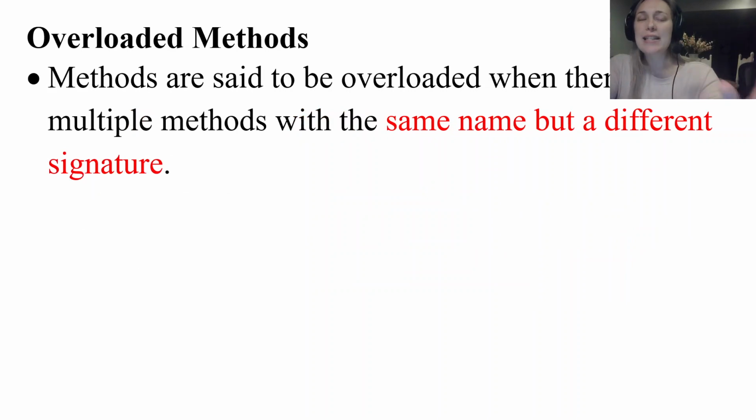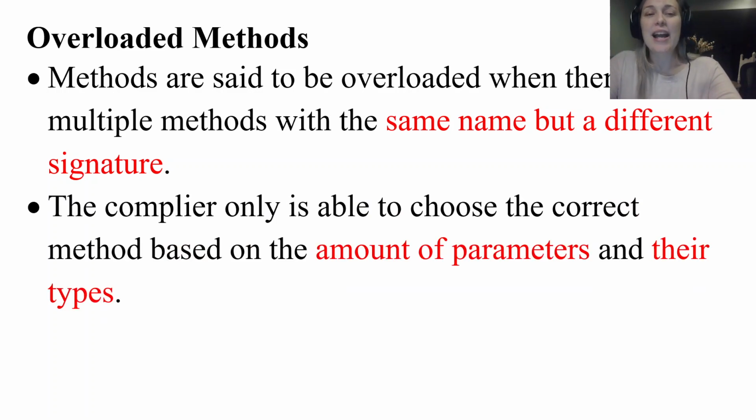All right. Our last topic for this lesson is going to be overloaded methods. Overloaded methods are when there are multiple methods with the same name but a different signature. When we talk about a different signature, the compiler is able to choose the correct method based on the amount of parameters and their types.